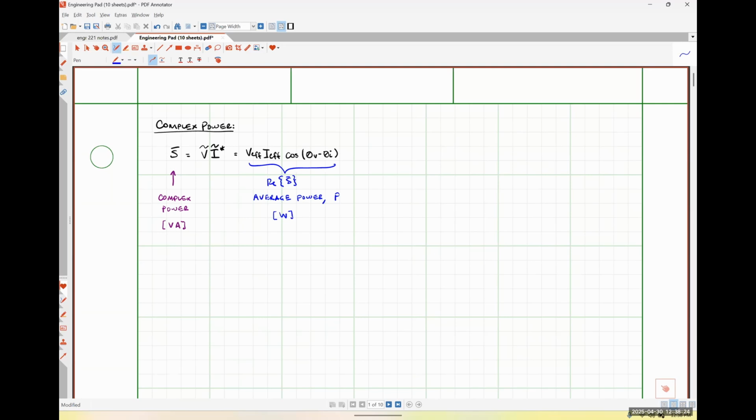Okay. In addition to this real portion of the complex power, we're also going to have an imaginary portion.